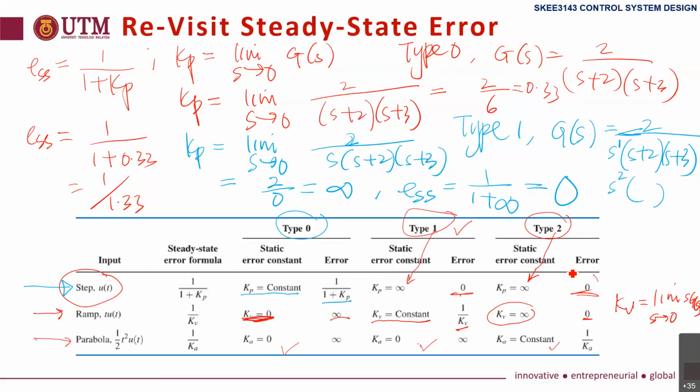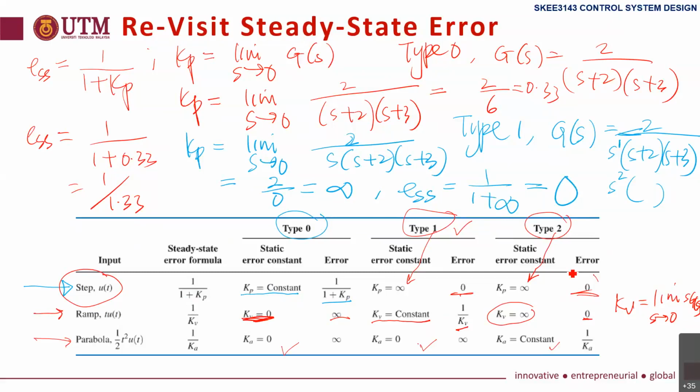Okay? So here I want to describe to you that error can be improved, 0 error can be obtained by increasing the system type. First step, by increasing system type 0 to 1. RAM from 1 to 2.